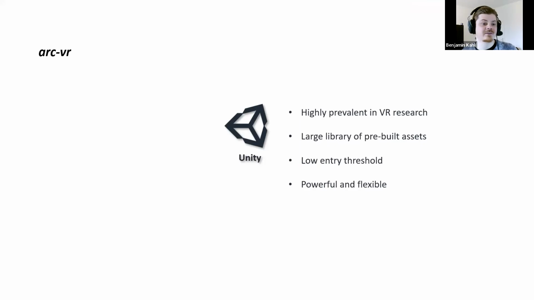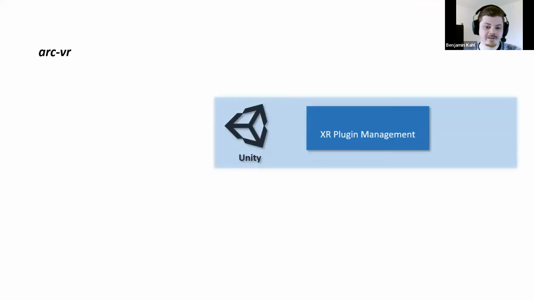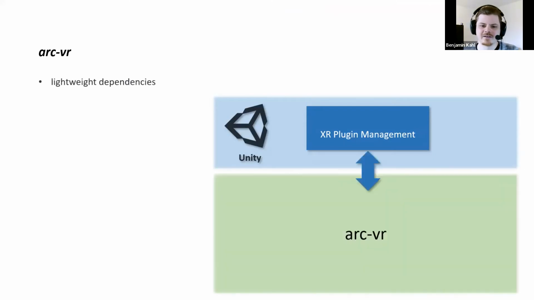And one of these features is that it comes with its own built-in XR plugin management system. And this plugin management system is, in fact, the only dependency that ArcVR uses. So keeping the dependencies low does a couple of things for us. Firstly, it keeps a good overview of what code is running and what the possible performance bottlenecks are.